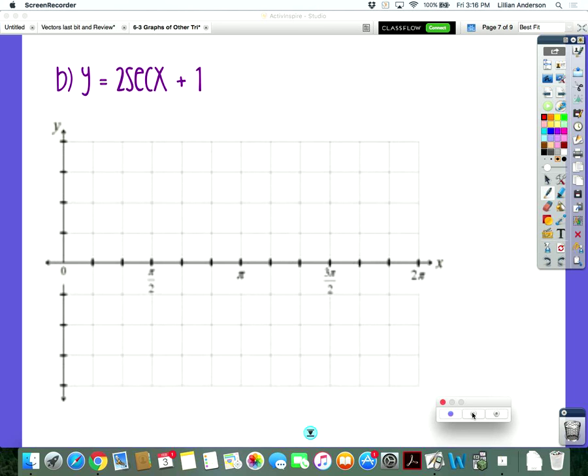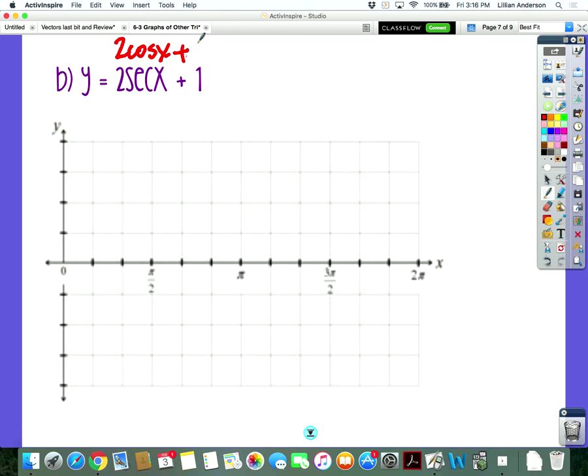So this is the one that I said I was going to graph so you guys can see one of secant being done, okay? Secant is the reciprocal of cosine. So basically what I'm going to do is I'm going to graph 2 cosine x plus 1 and use that as a guide to graph the function that I'm actually wanting to graph. So I'm going to make my table, and it turns out that the only things that are being affected are my y's.